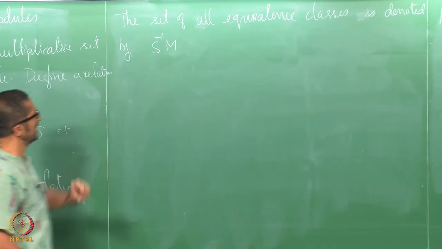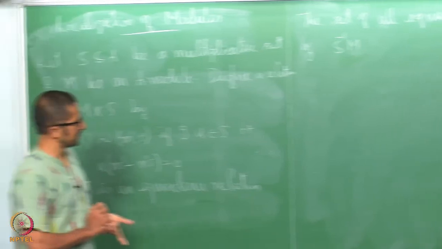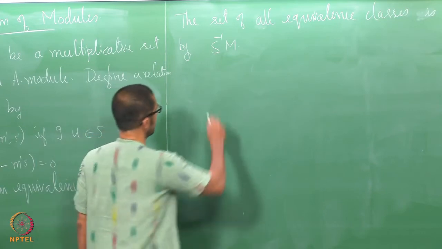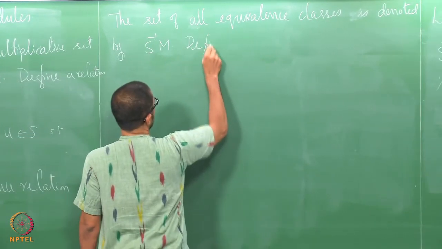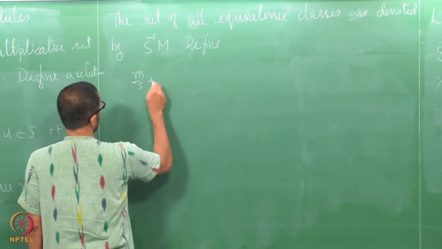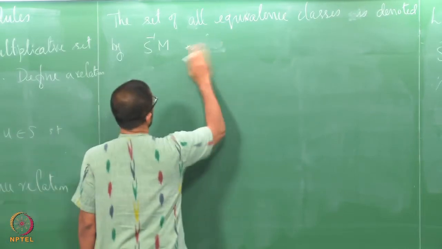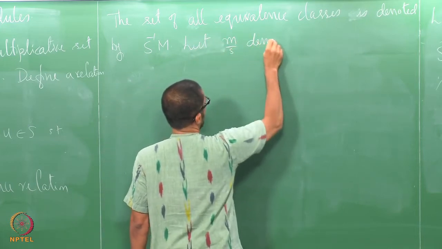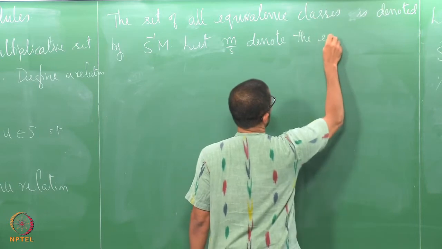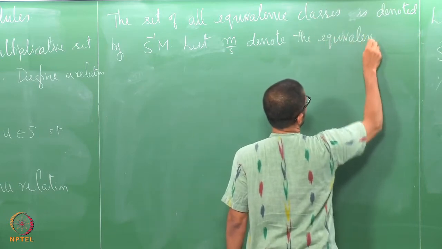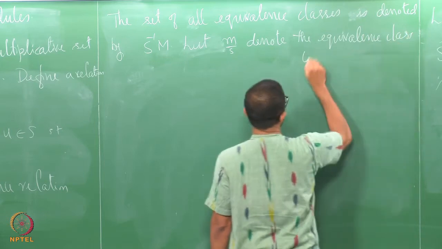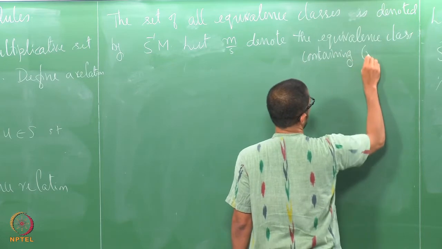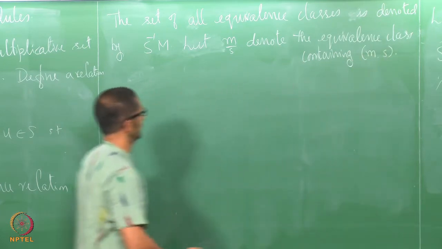So, to start with, we need to define an addition on this naturally. Let m by s denote the equivalence class containing (m, s). Okay.